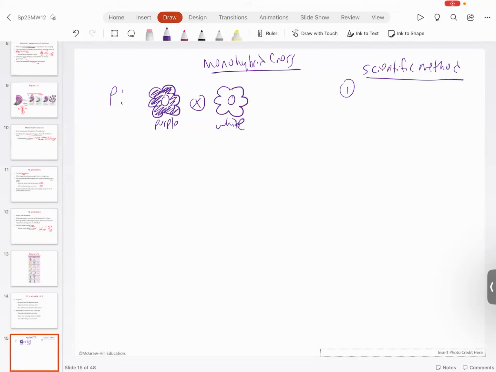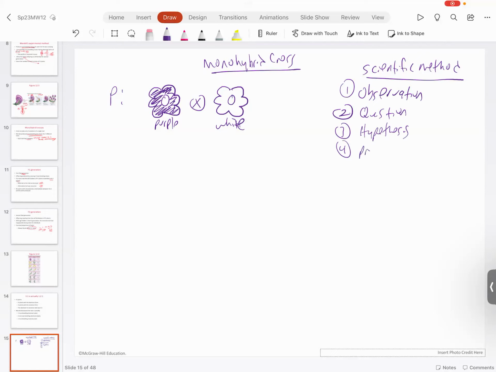So what are the pieces? First, observation. And we're going to correlate how, as Mendel goes through his experiments, he hits on every single piece of the scientific method. Then after that, there's a question. And then your best answer, not the correct answer, but your best guess, is your hypothesis. And then from your hypothesis, you should be able to generate a couple of if-then statements.